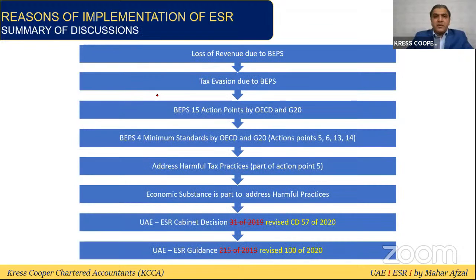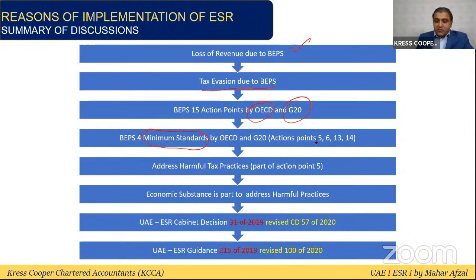So in short, we can say there is a loss of revenue due to the BEPS. There is tax evasion due to the BEPS. BEPS 15 action points were agreed by the OECD and G20 countries. Out of these, 4 were the minimum standard points that were required to be implemented by each member state of OECD.